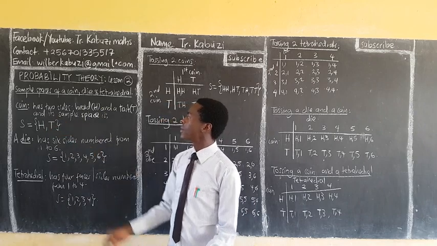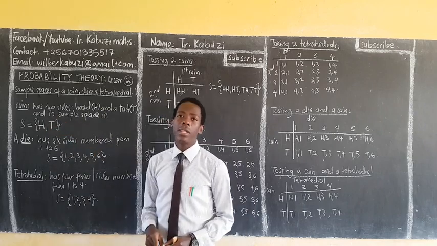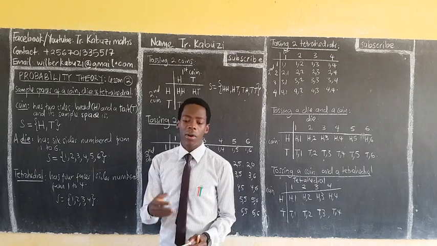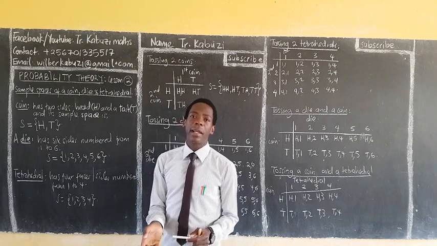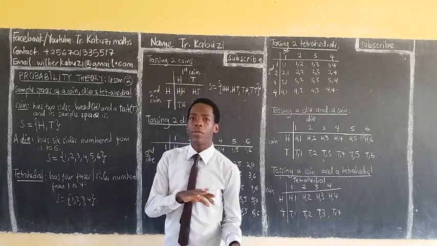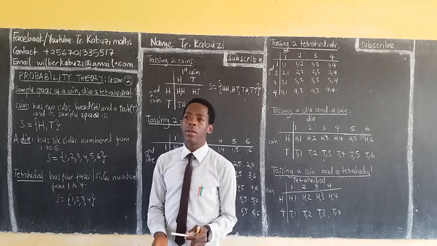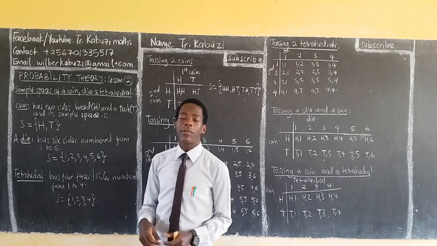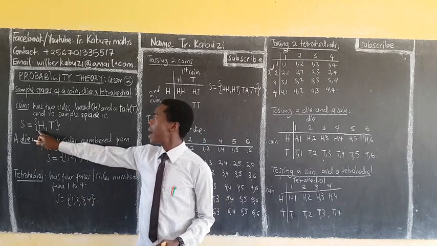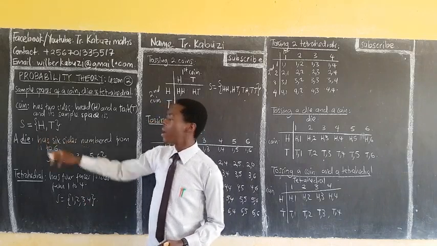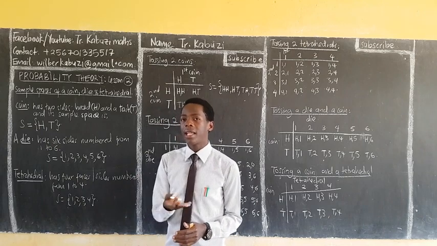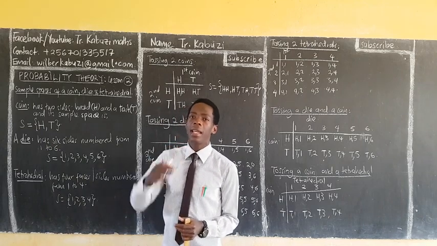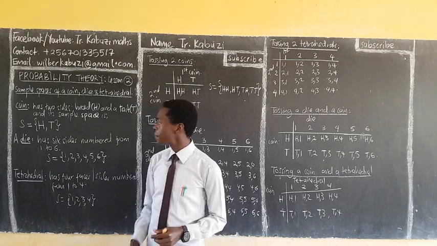When you throw a coin, you expect either a head to be up or a tail to be down. One of the sides is going to be up. So the sample space is either a head or a tail. The lower side is called the tail, and the upper side is called the head.